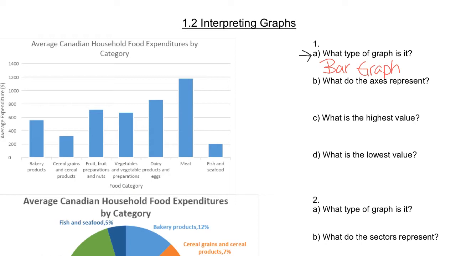When I'm looking at a graph that represents data, it's really important to take a look at the x-axis and the y-axis. Just as a reminder, this is our x-axis down here, or our horizontal axis, and this is our y-axis up here, our vertical axis. In this case, on our horizontal axis, or x-axis, these are the categories of the different types of foods, so our food categories.